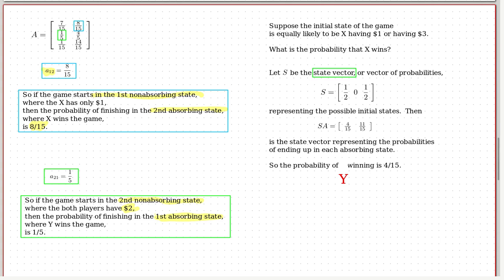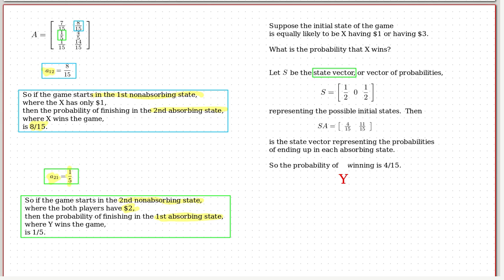So if we start off with each player having $2, then the probability that Y wins, that we end up in the first absorbing state, well, to get that probability, we look up the 2-1 entry in A, and that 2-1 entry is 1/5. So even when we start out fair with each player having $2, it's rather unlikely that Y will win the game, right? Y has only a 1/5 chance of winning the game, and again, that shows the bias of the game in favor of player X.